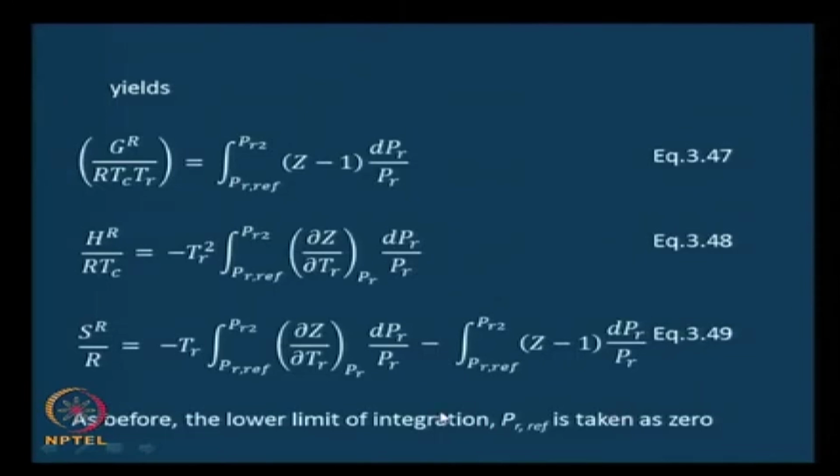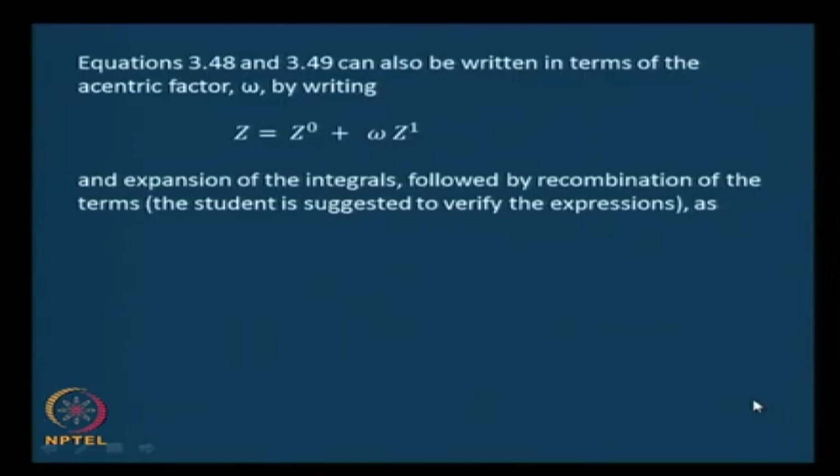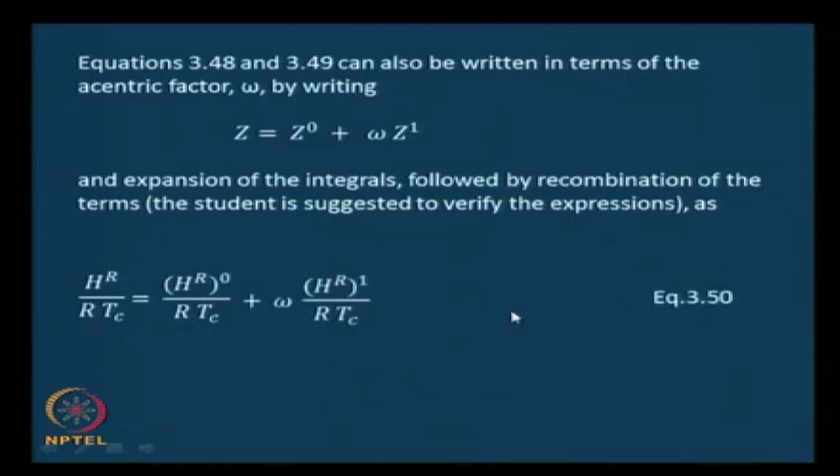In the same way that we took P reference as 0, we also take Pr reference as 0 as the lower limit of integration. We said that we could write these equations in the generalized form also in terms of Z0 and Z1, because then we can use the tables that are available to us.